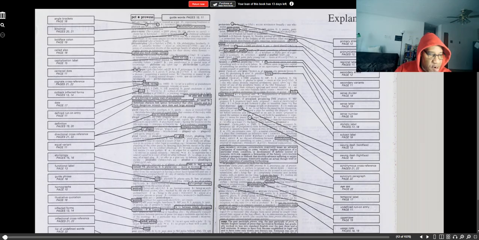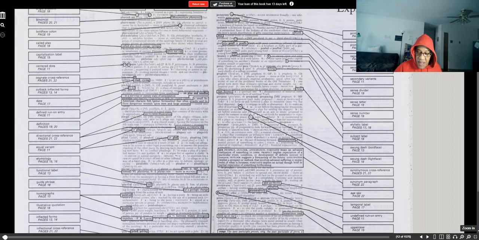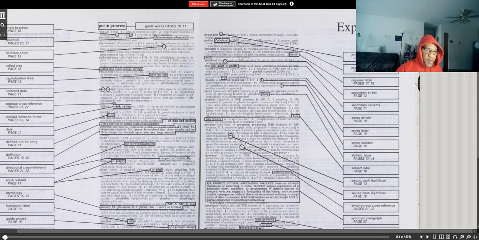Right down here on the left hand side, let me see if I can make it a little bigger. See how they're giving you the breakdown in the front of the book, where you see the word nice.